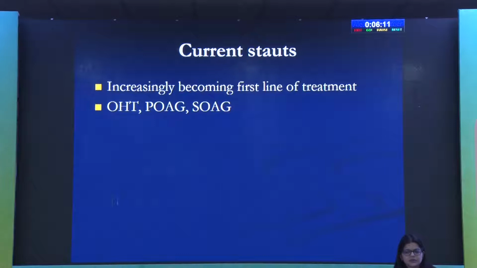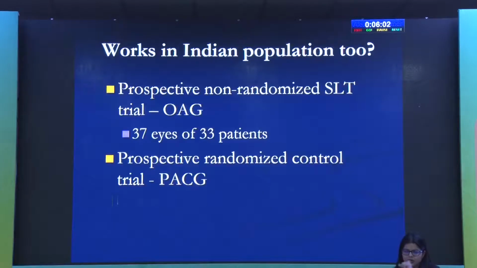It is increasingly becoming the treatment of choice for ocular hypertension, POAG, and even some secondary open angle glaucoma patients. Not many people prefer this in India because of a little belief about whether it really works in our eyes or not.